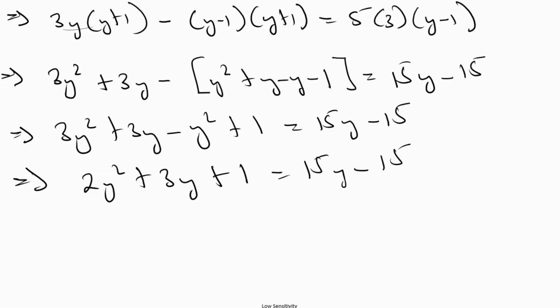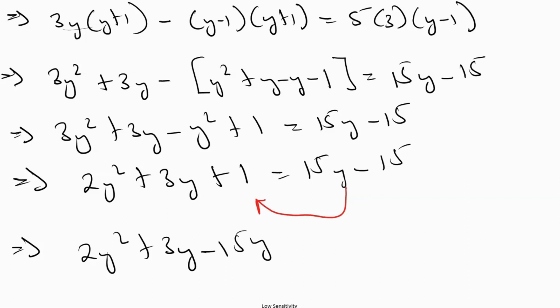And then we can move the right hand side to the left hand side. So we can simplify this to 2y squared plus 3y minus 15y plus 1 plus 15 equals 0. So what do we end up with?